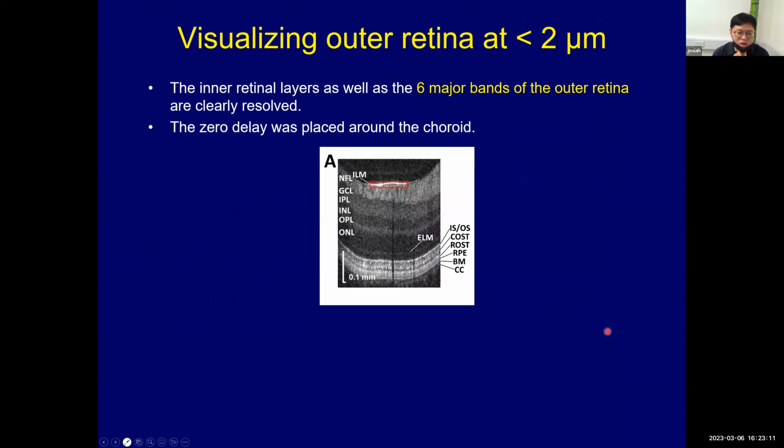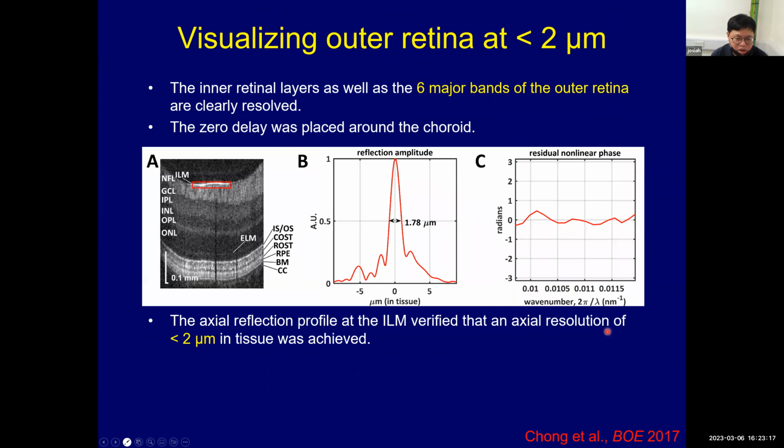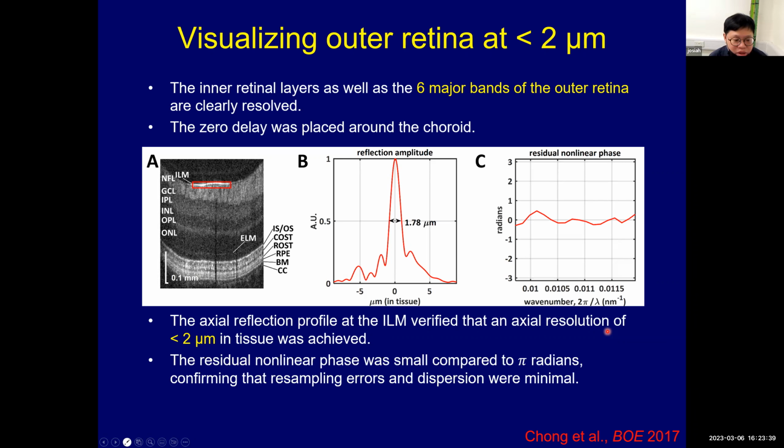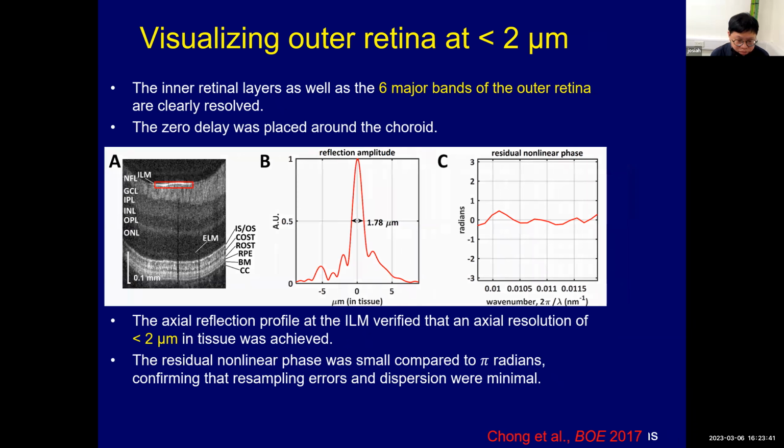We used visible light to image the human retina in vivo, and we confirmed that we can get less than 2 micron resolution. This is not trivial for OCT, even though OCT is now very developed. Typically for NIR, even getting 3 micron resolution requires a very optimized system.